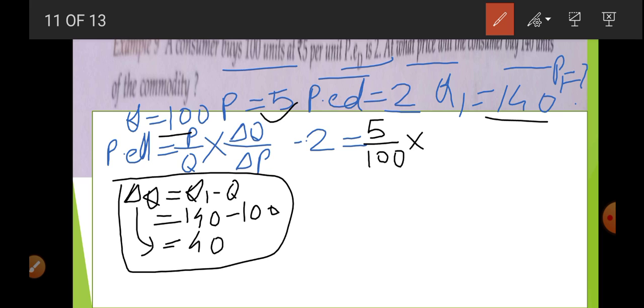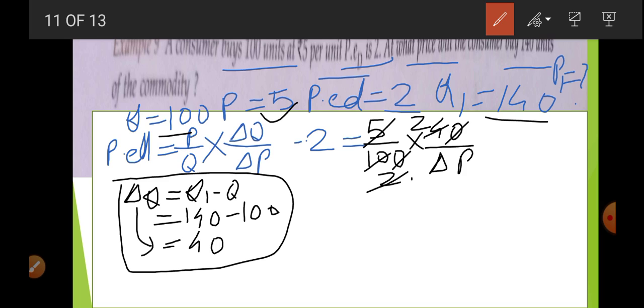Now we write it here: it becomes 40 upon del P, which we can't find yet. Zeros cancel, 5 twos are 10 and 2 twos are 4.